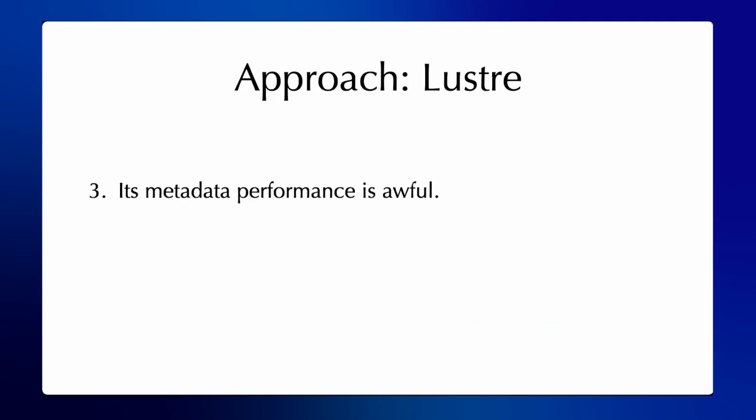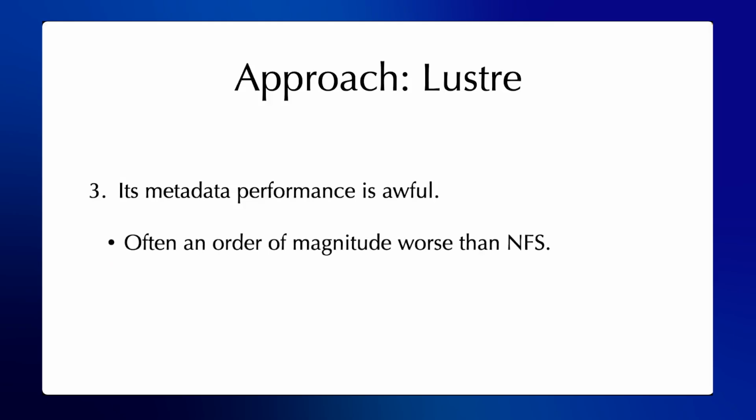And that takes us to the third problem that Lustre has in practice. Its metadata performance is bad. Practically, it can be an order of magnitude worse than NFS, which is a competing network file system. It's not a parallel file system, but it's still a network file system.